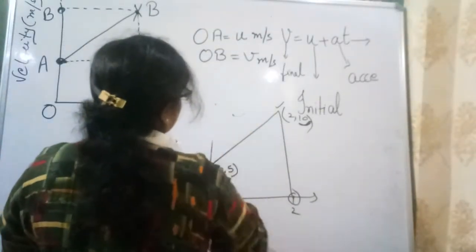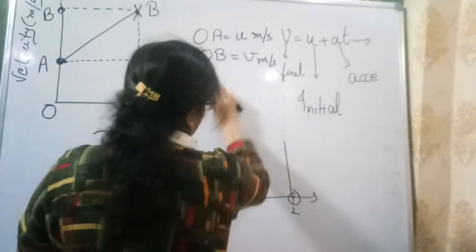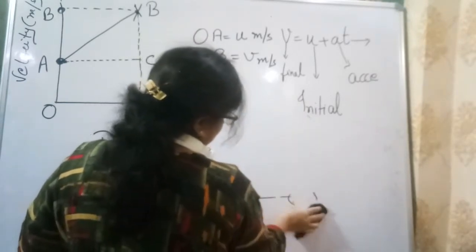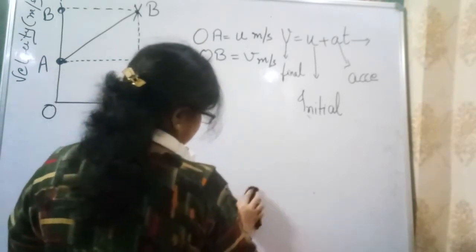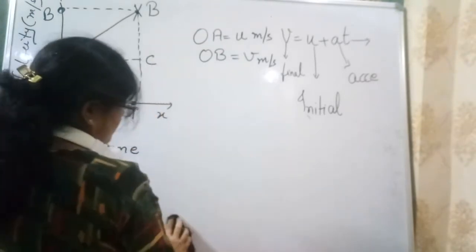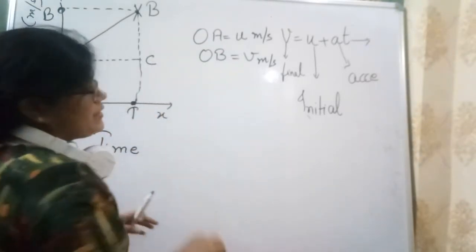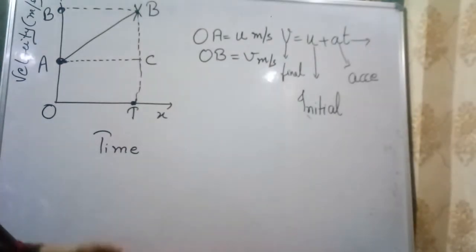For example, a body acquires, I want to be pardoned by the students who understand English for some time, because now I am going to speak this concept in Hindi, then afterwards I will again continue with English.